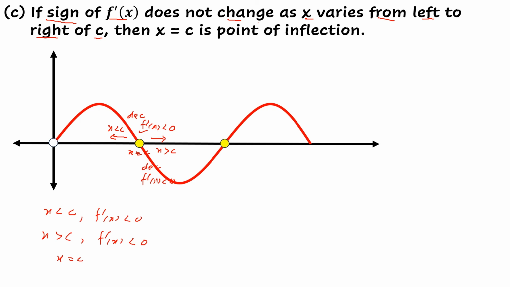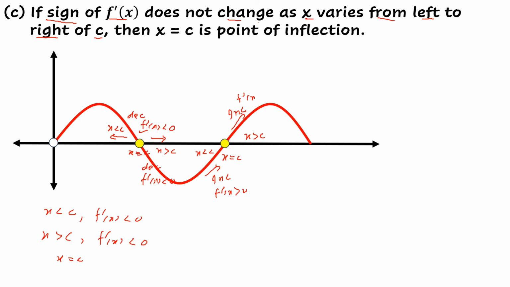Now we call the second yellow ball as x is equal to c and investigate the behavior of curve before and after c. We see that before c, that is when x is less than c, function is increasing. That is, its first derivative is positive. And when we go towards the right of c, that is when x is greater than c, we again see that function is increasing.